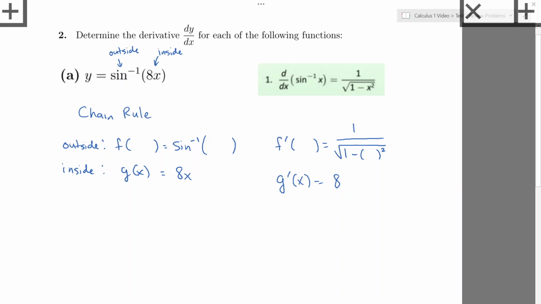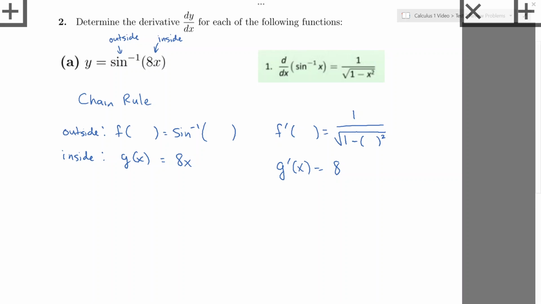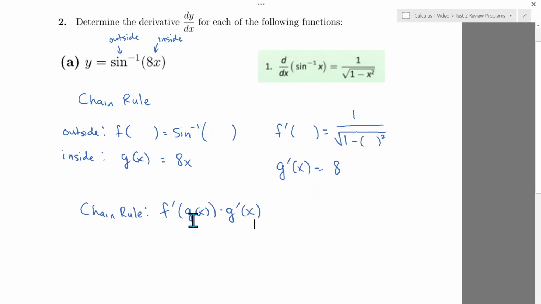Okay, so I have all the pieces, and so now the chain rule formula is f prime of g of x times g prime of x. Right, so the first thing is the g needs to go inside the parentheses for f prime.